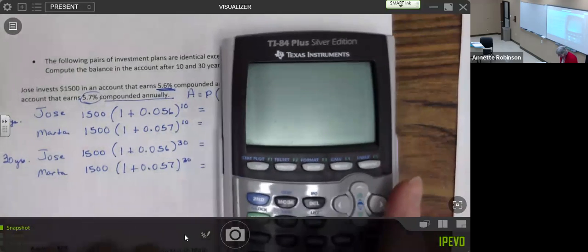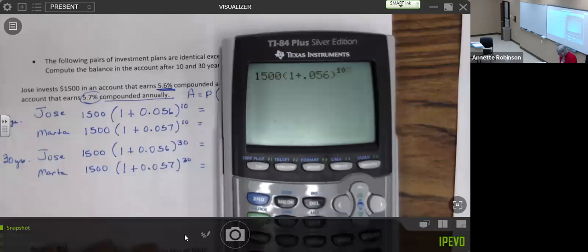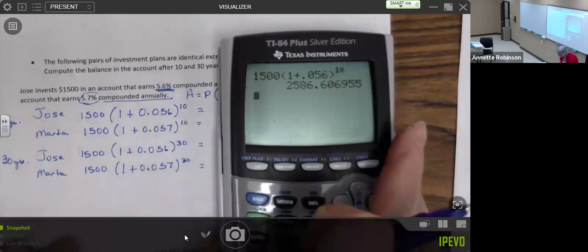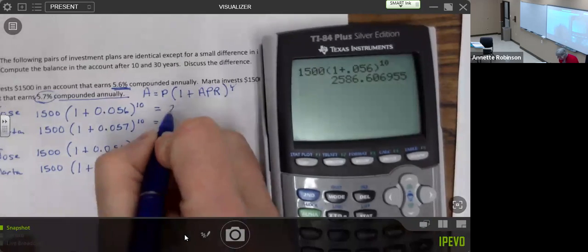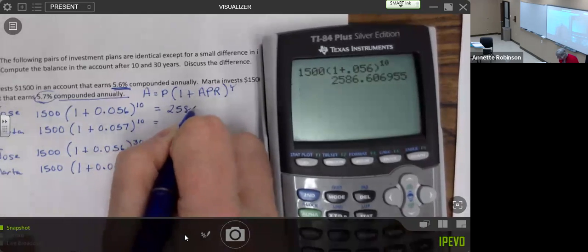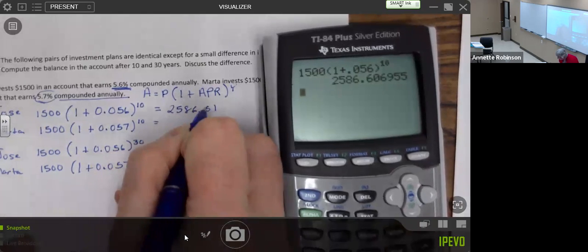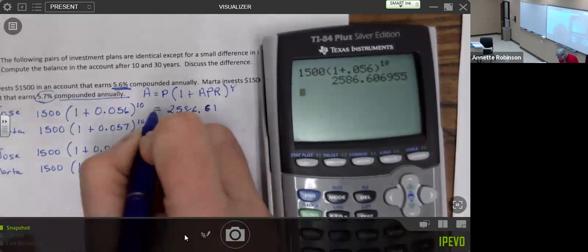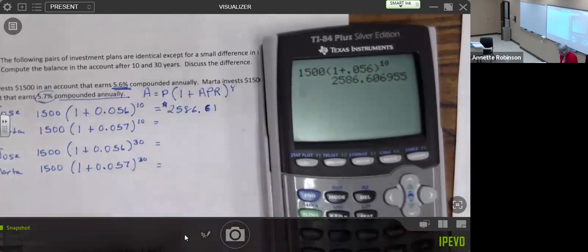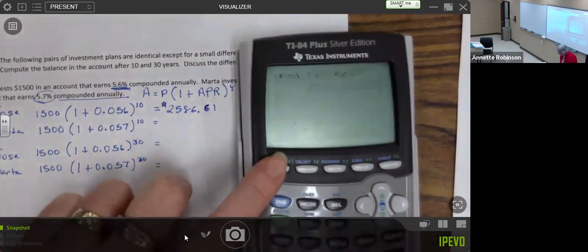Again, 1,500 parentheses 1 plus 0.056 raised to the 10, Jose's. Two decimal places for money. I'm going to hit second and enter.